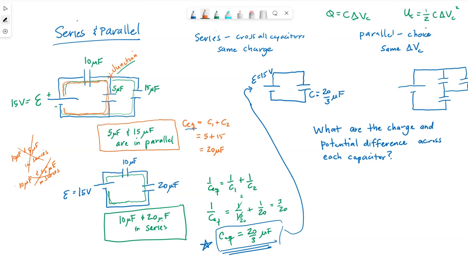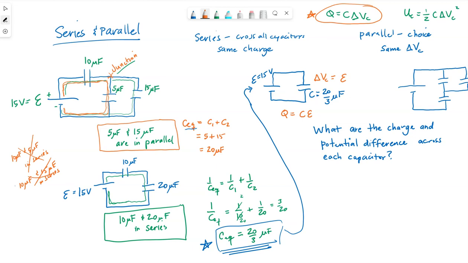And the reason why, if we think about the equation that relates charge, capacitance, and voltage together, when I have one single capacitor attached to a battery, in the equilibrium state, the potential difference across that capacitor is equal to the battery, which means the charge that accumulates on the plates of the capacitor is equal to the capacitance times the potential difference.